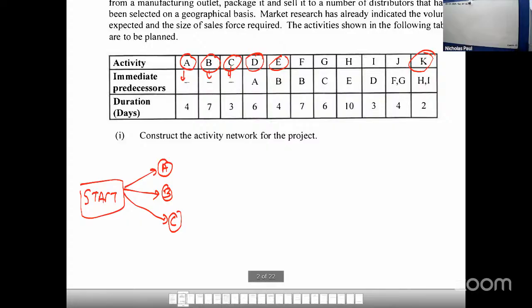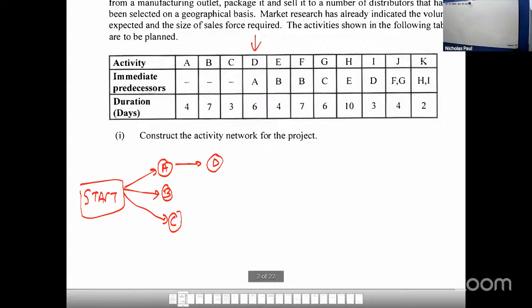The first thing we're trying to build here is this network. We want to know how everything happens. So I want you to notice something. D could only happen if we finish A. So from the start, we cannot start D until A finishes. A takes 4 days, right?